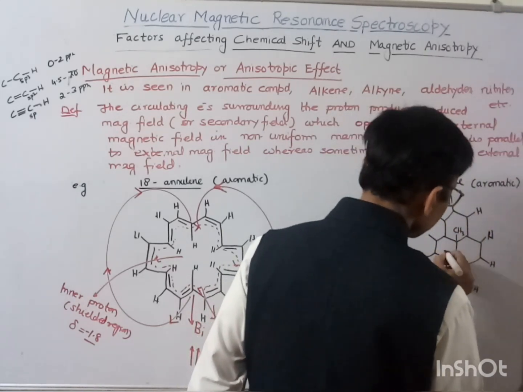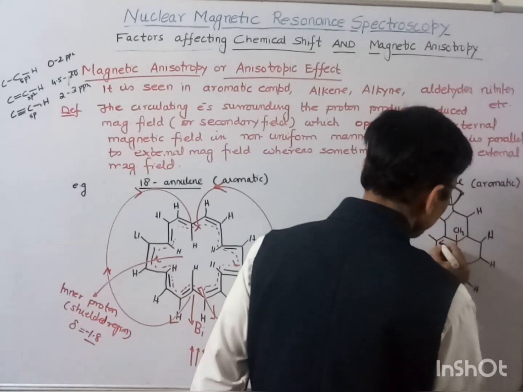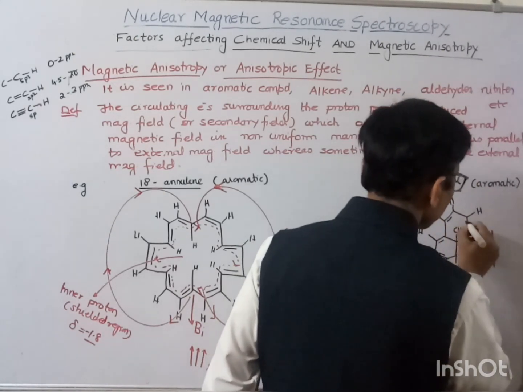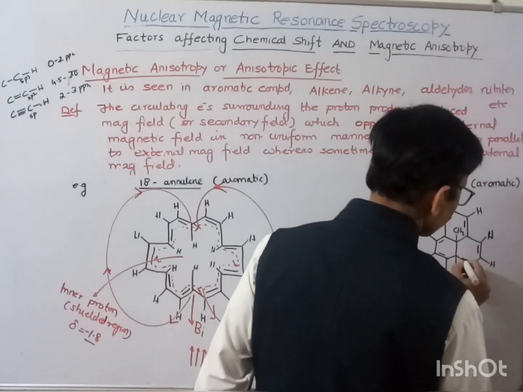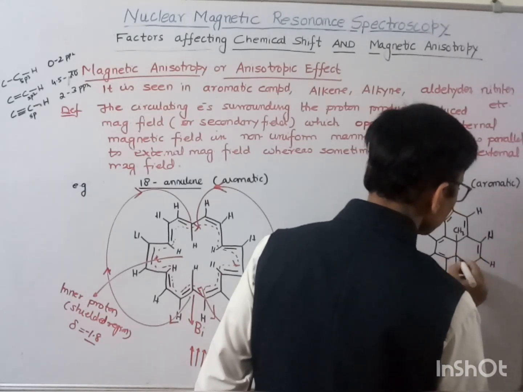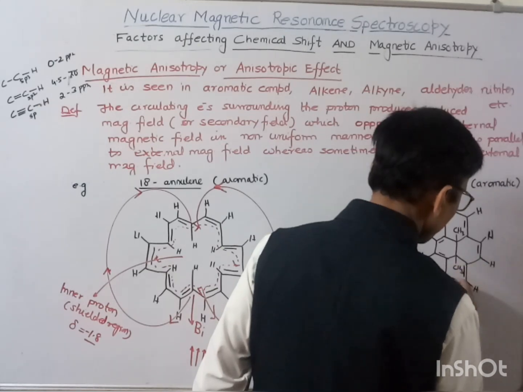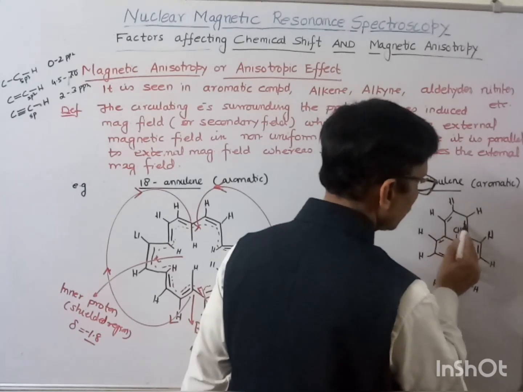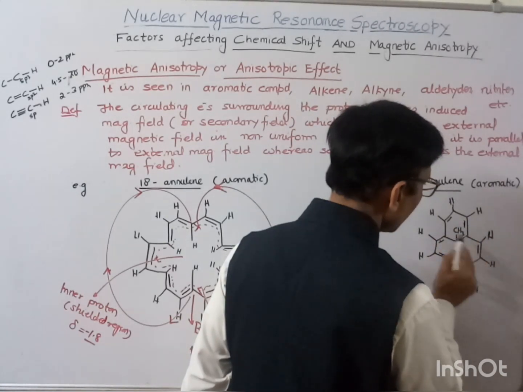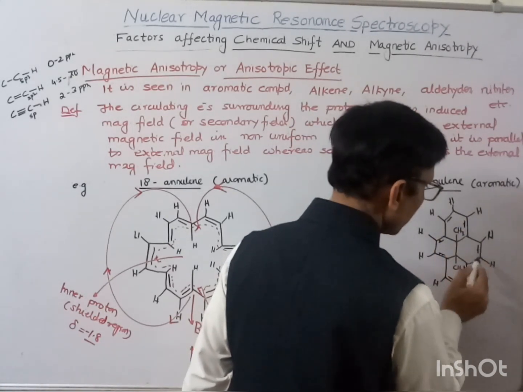Now let us see this. How many pi bonds can you see? 1, 2, 3, 4, 5, 6, 7.